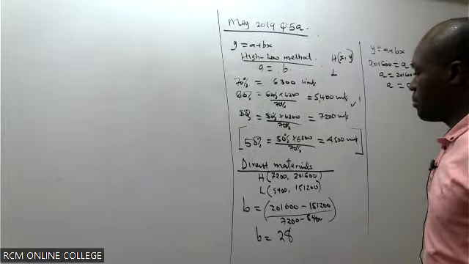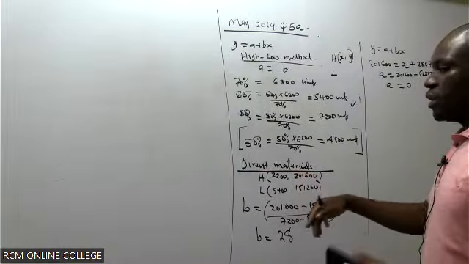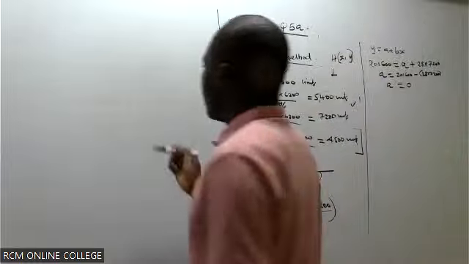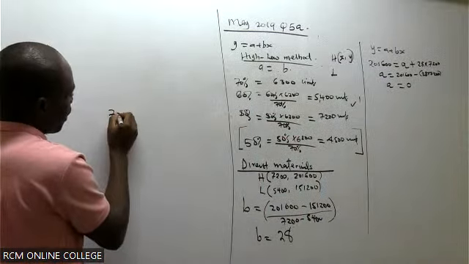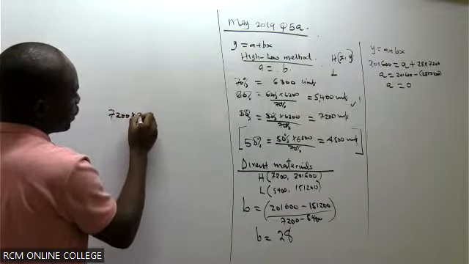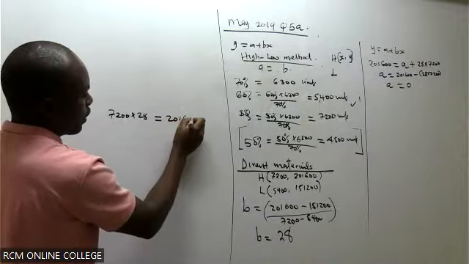Now, let us confirm if the total direct material cost is variable. If I take 80%, I take 7,200 and multiply by 28, which is the variable cost per unit, I'm going to get 201,600.